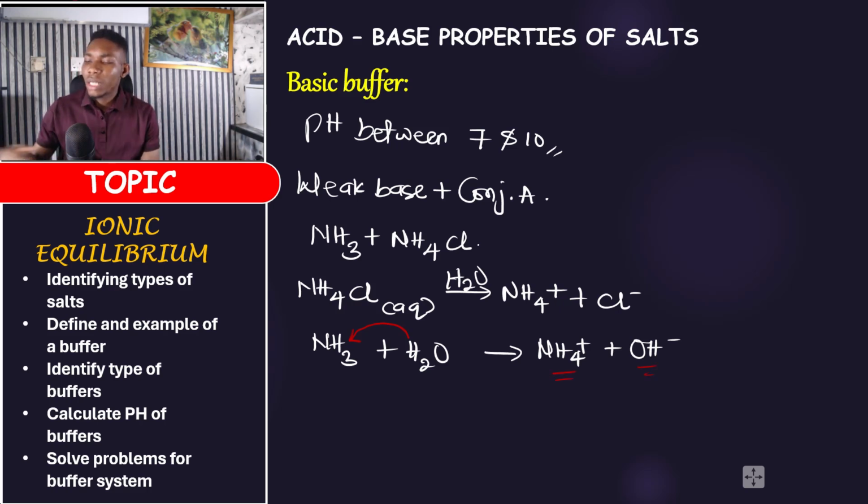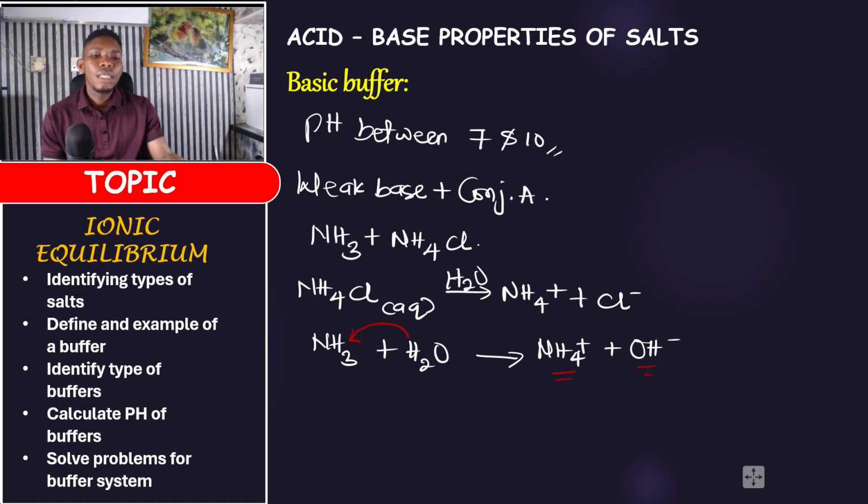So what actually happens in the buffer system? Now listen. In the situation where you have an excess of base, what will this buffer do? Excess of base means excess of OH. You know that if you reverse this reaction, it's going to give us this.